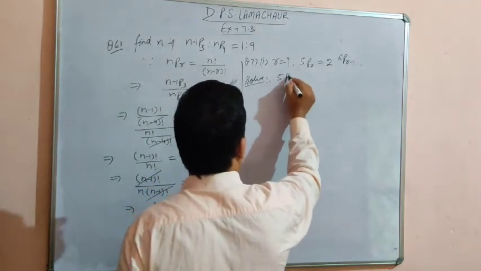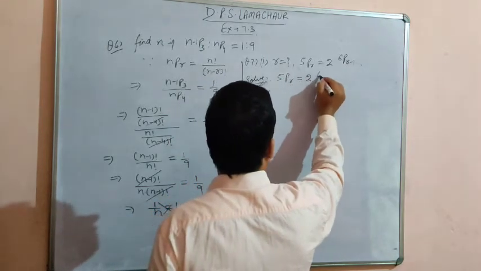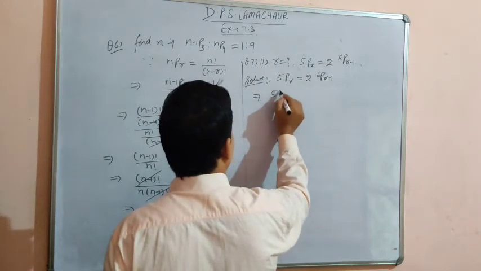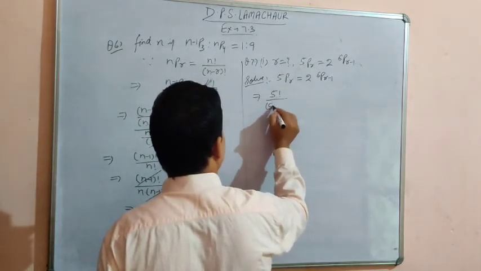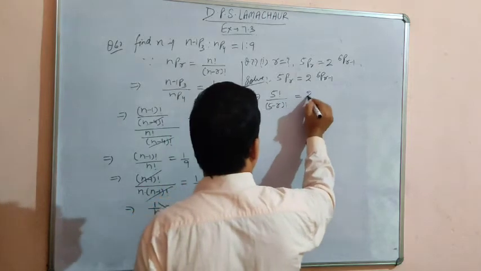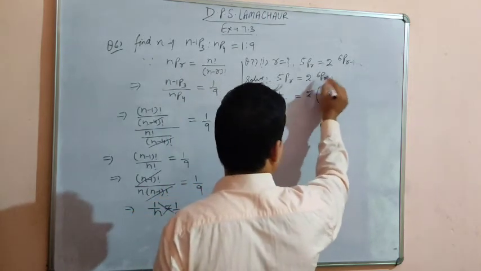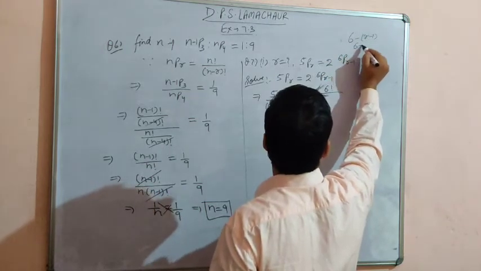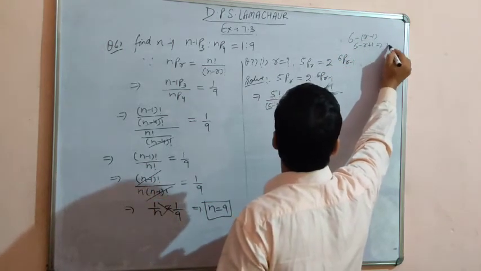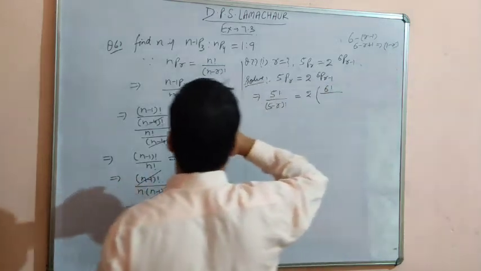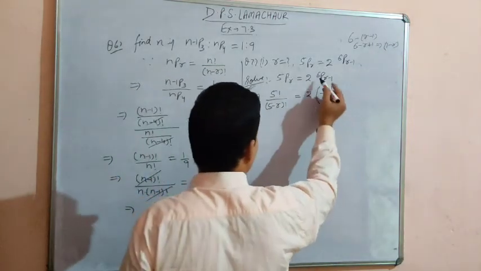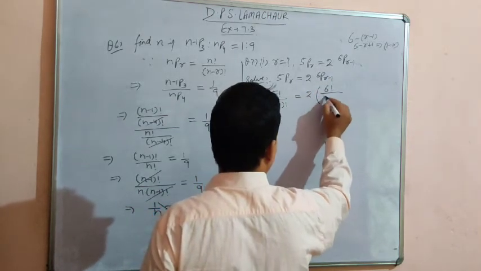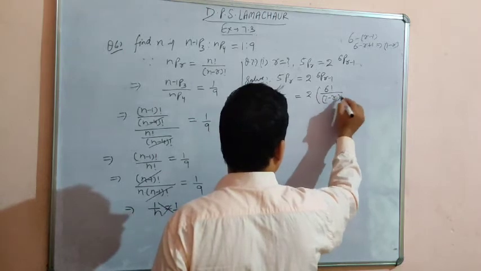So 5Pr is equal to twice 6P(r-1). Now apply the formula: 5 factorial upon (5 minus r) factorial equal to 2 times 6 factorial upon (6 minus (r minus 1)). 6 minus r minus 1 is 6 minus r plus 1, that is 7 minus r factorial. So don't be confused.